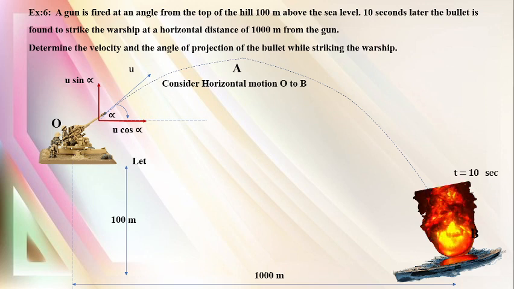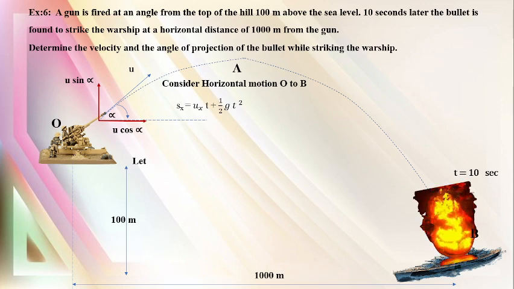So consider the horizontal motion from O to B. Here we know displacement in x direction is equal to ut plus half at square in x direction. Here initial velocity is u cos alpha in x direction.